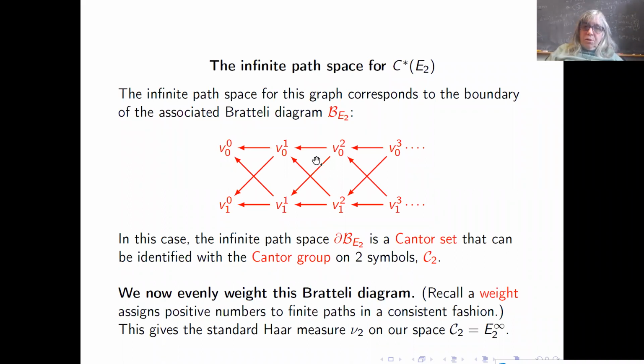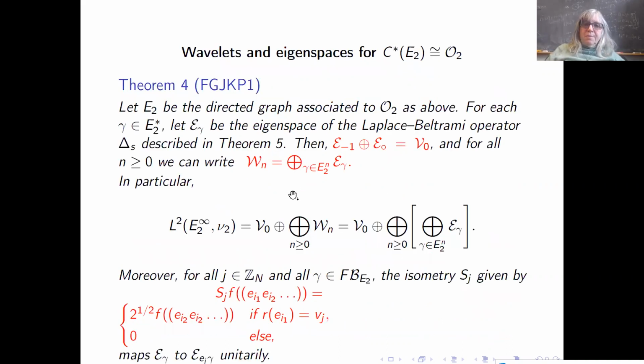And lo and behold, they were. They could be connected under the appropriate conditions. They could be related and identified. The V0 came from Laplace-Beltrami, and the Wn all came from the kernel of Laplace-Beltrami. Here it is just for O2, but it's true in greater generality and for these higher rank graphs.